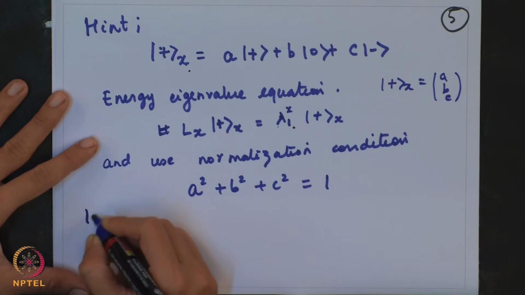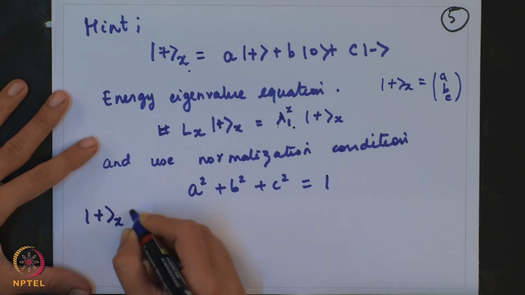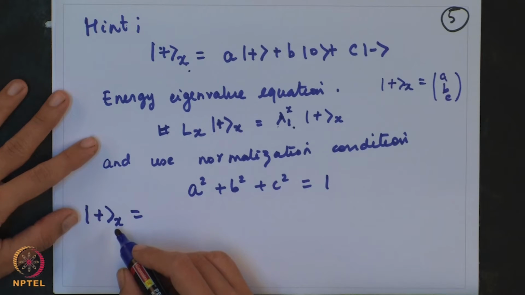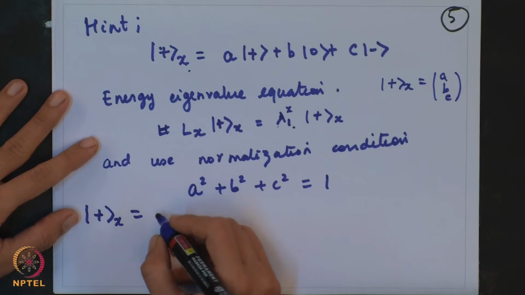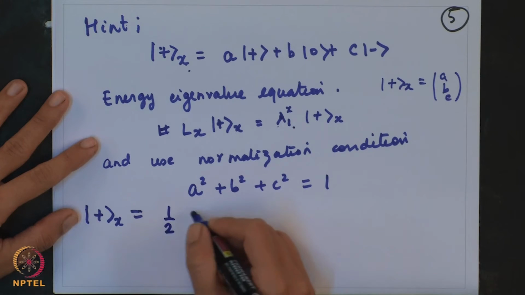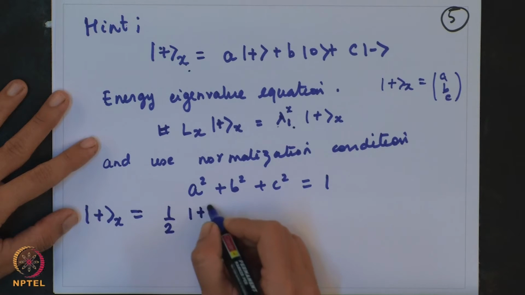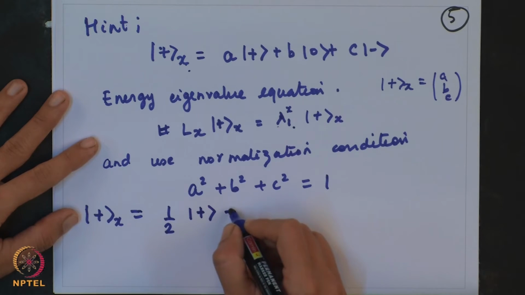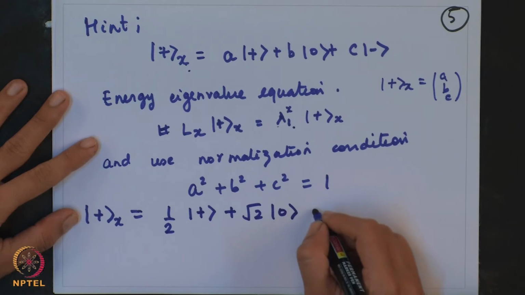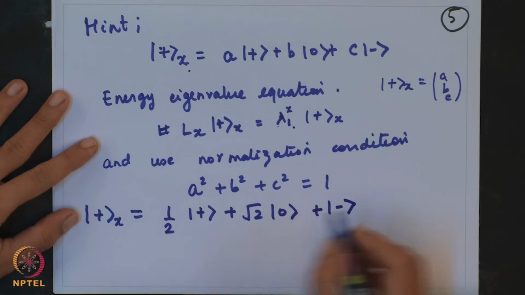So, what I have obtained is that the plus ket in the x basis will be one half ket plus, plus root 2 ket 0, plus ket minus.